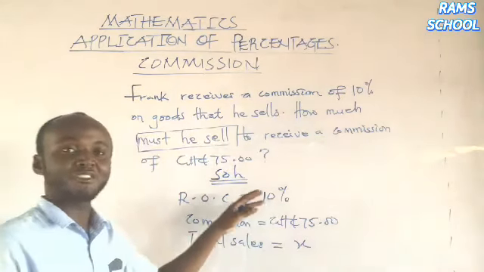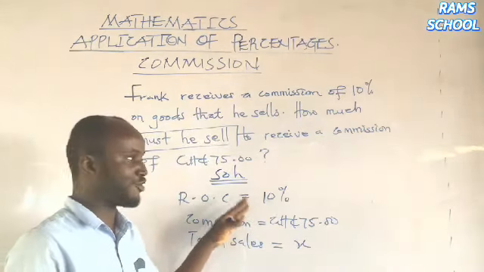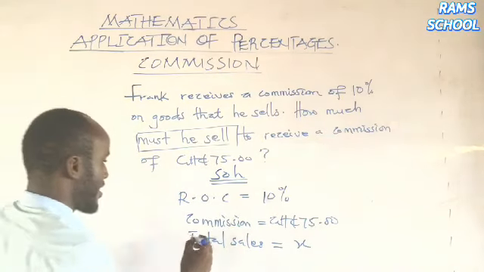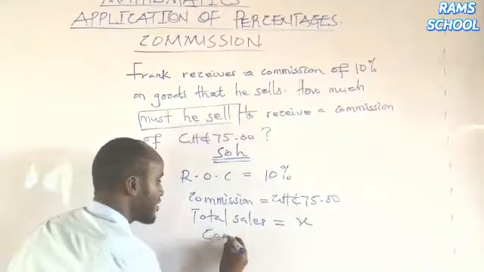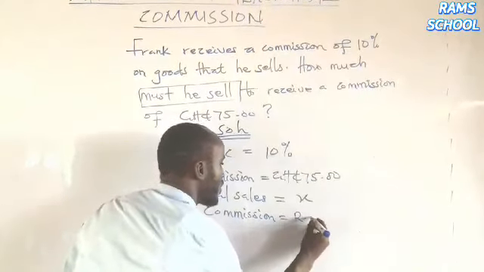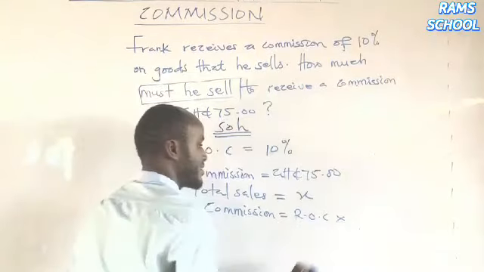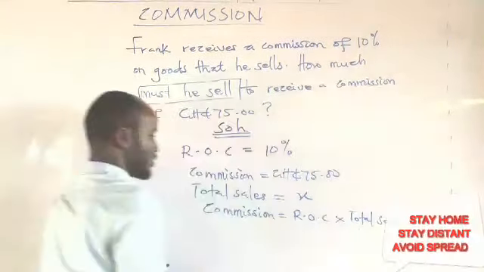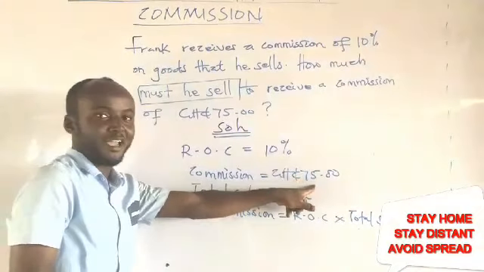So what you are going to do is write your formula for commission and do your substitutions. Commission equals rate of commission times total sales. The commission we know already to be 75.